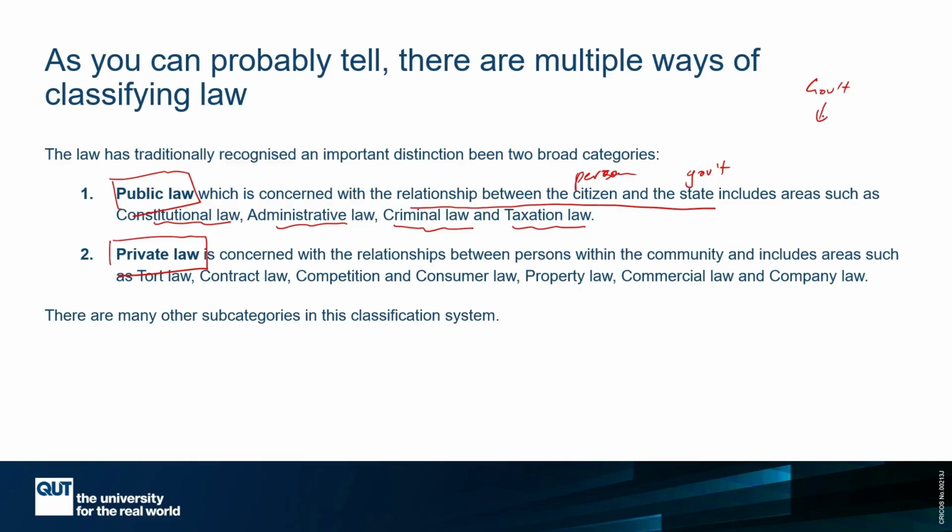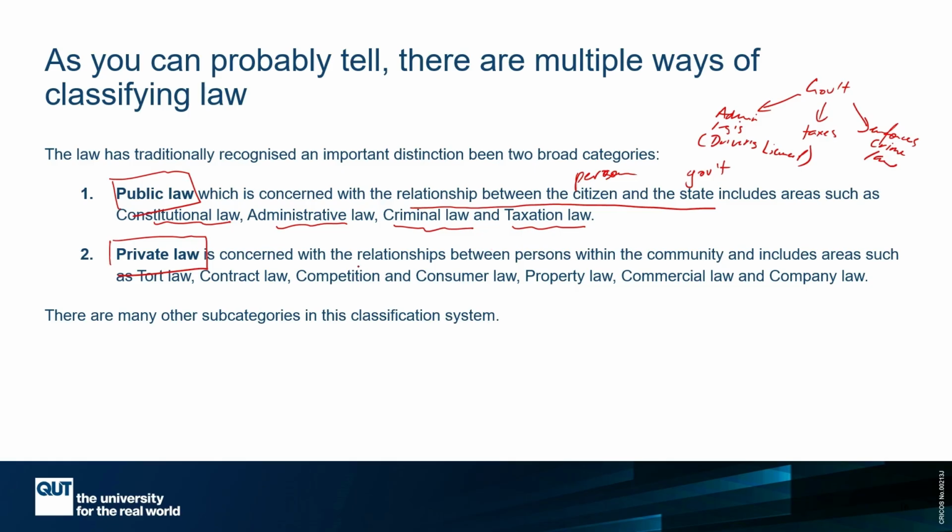The government taxes you. The government enforces crime law on you. The government administers legislation. So, for instance, the government gives you a driver's license. You're licensed by the government. So it's about issues between the citizen and the state.